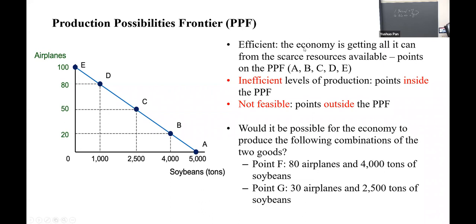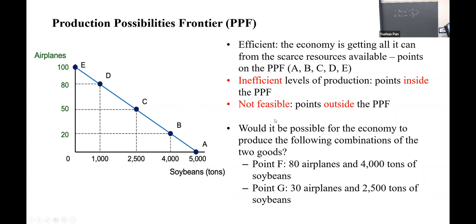Efficient means the economy is getting all it can from the scarce resources available. Points on the PPF, A, B, C, D, and E. Inefficient is the level of production points inside the PPF. What's the definition of inside? Any points on the left-hand side of this straight line. If you see any points inside of this straight line, it's inefficient.